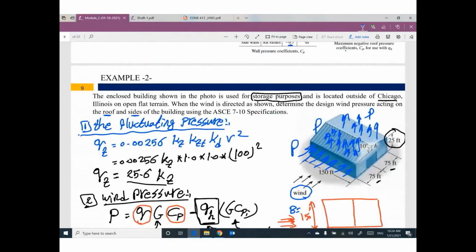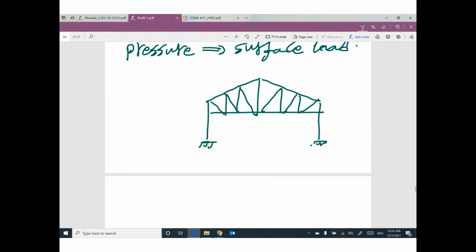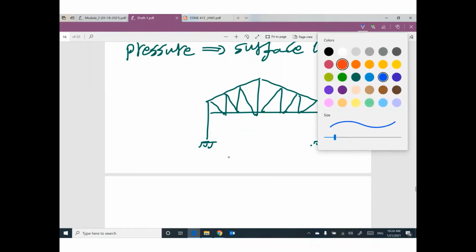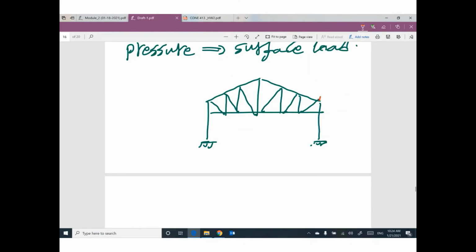For this building, we have only one truss here. So how can I get the value of the wind load assigned only to this truss? It's very easy. If you have a truss, you will have a concentrated load at each joint.